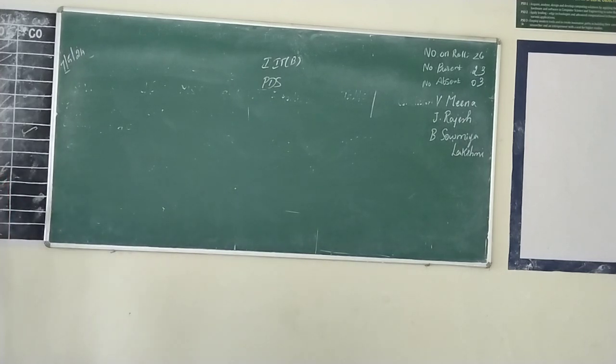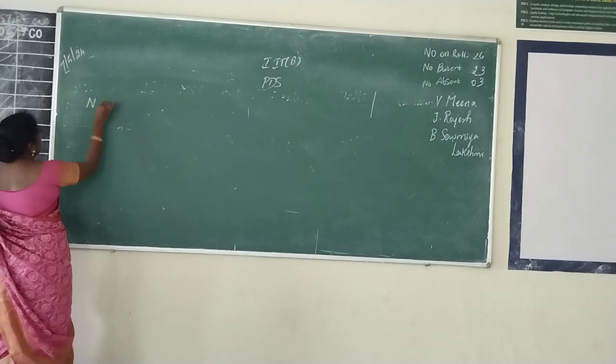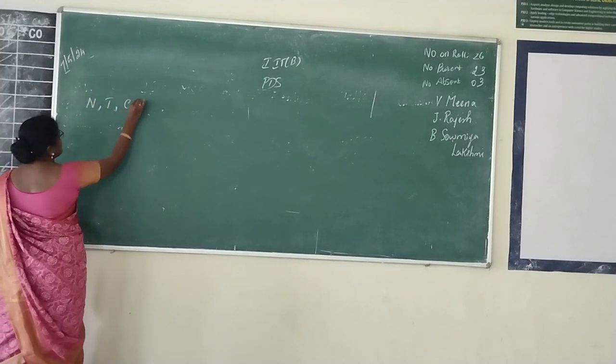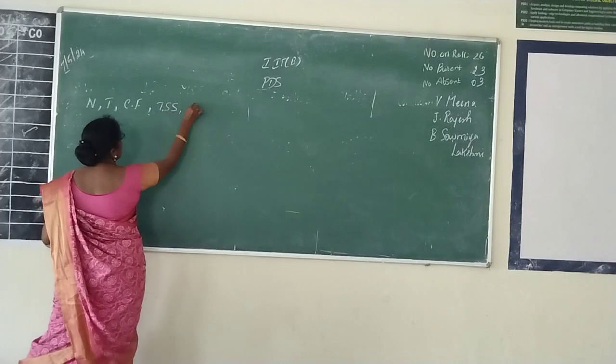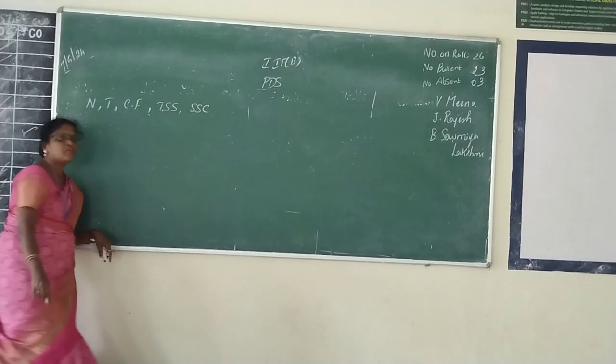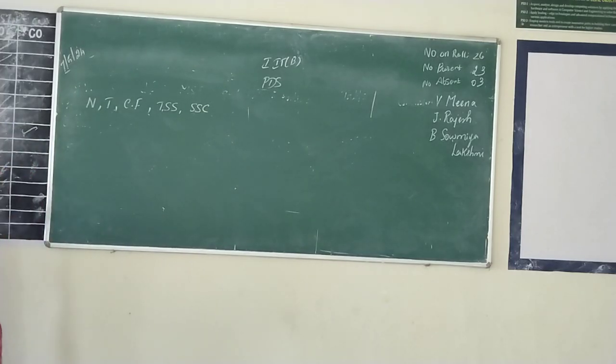So the procedures will be similar now. We are just going to include some more steps for the row classification. So write, find capital N, capital D, correction factor, TSS, SSC. All these formulas I gave you already, the same formulas up to SSC. Now we are going to calculate for the row.